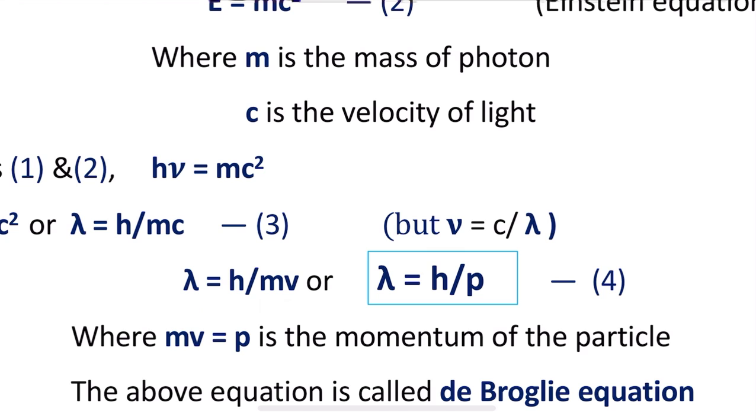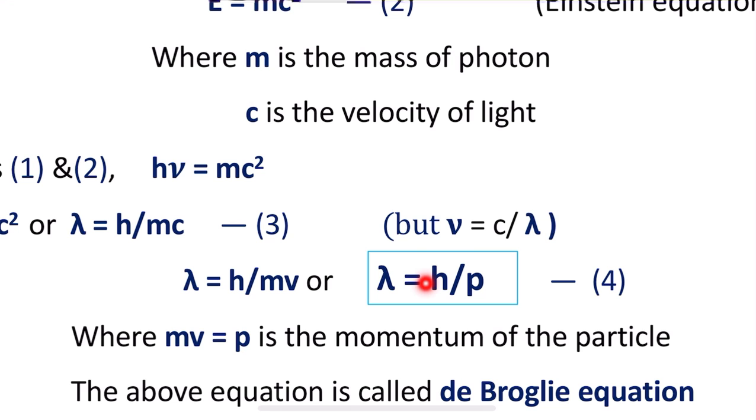Thus, for any material particle like electrons, we can write λ = h/mv, or λ = h/p. Let me call this equation number 4, where mv = p, the momentum of the particle.